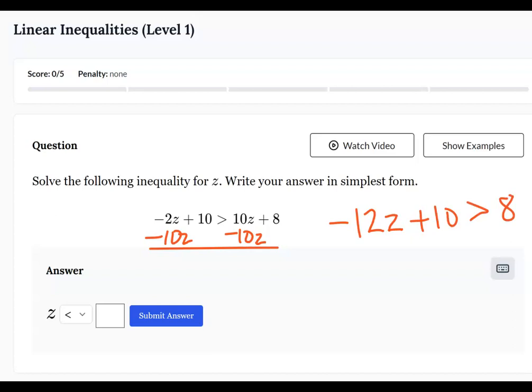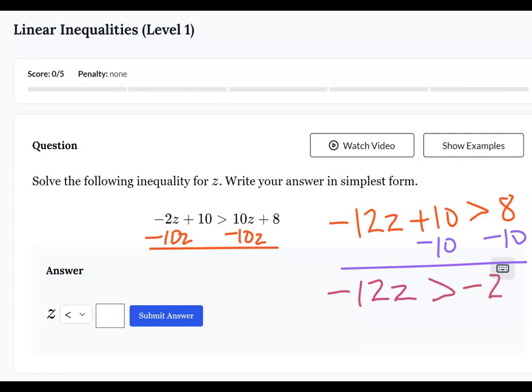My next step will be to subtract 10 from both sides, and then I rewrite negative 12z is greater than negative 2. The last step is dividing. If you divide by a negative, which we are, we're going to take this greater than sign and reverse the direction. So z is less than positive 1/6.